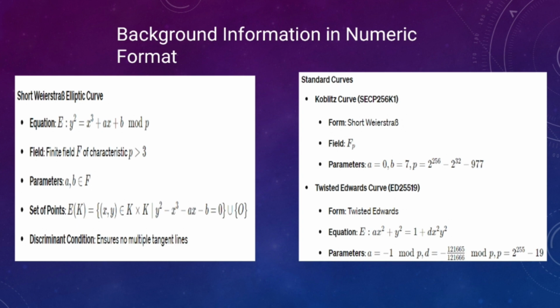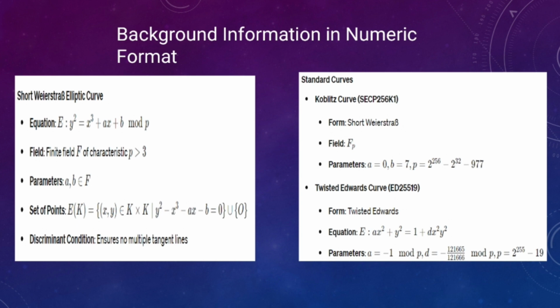So basically, what happened in the short Weierstrass elliptic curve? There are equations: the field of a short Weierstrass elliptic curve, parameters, set of points, discriminant condition. In the discriminant condition, we do not have multiple tangent lines. Basically, there are two parameters A and B, which belong to F. The equation we got for the short Weierstrass elliptic curve is y squared equals x cubed plus ax plus b.